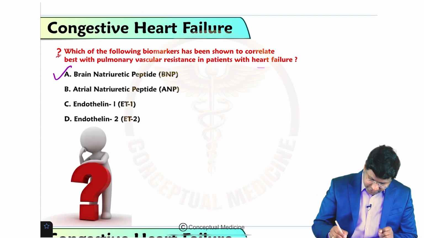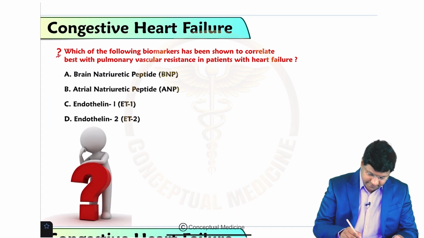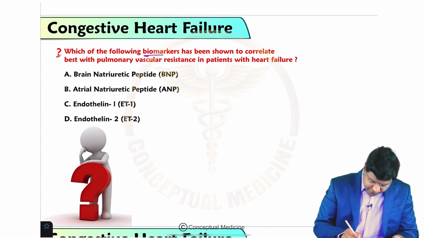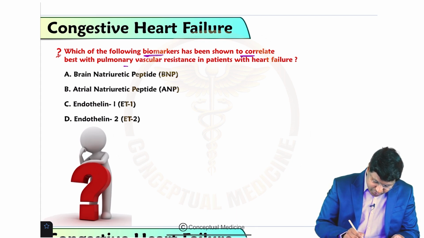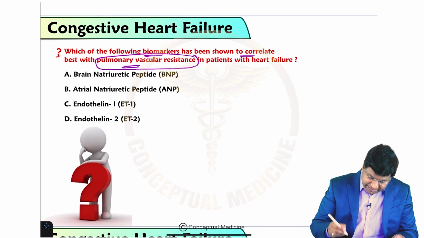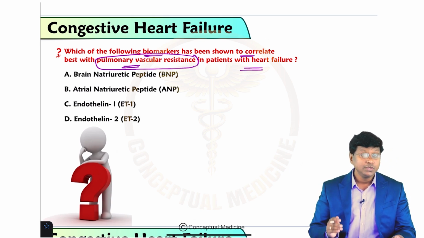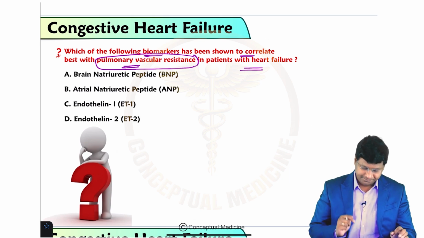If you see this question here, the question is, which of the following biomarkers has been shown to correlate best with pulmonary vascular resistance? This is a different question than previous. Shown to correlate best with pulmonary vascular resistance in patients with heart failure. This is a very important question.